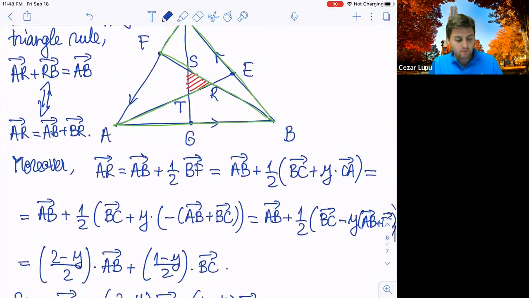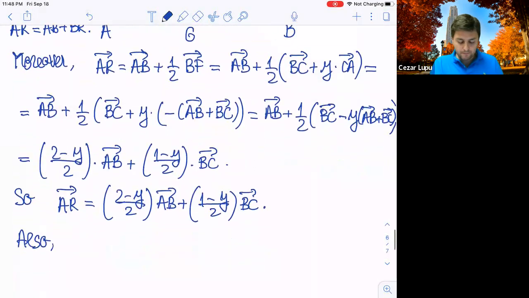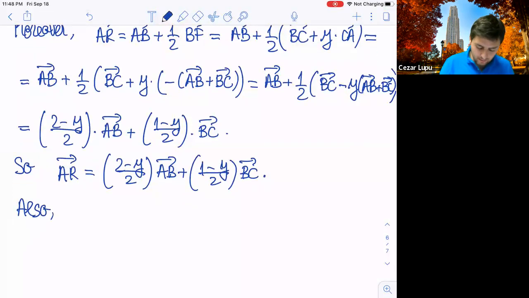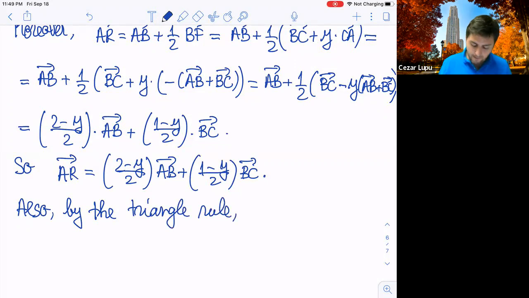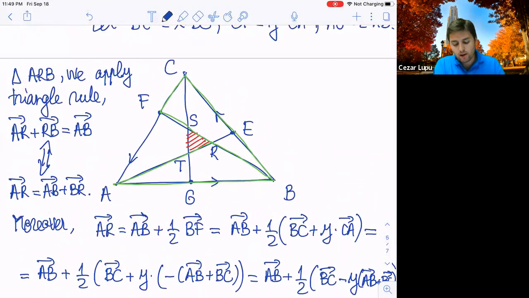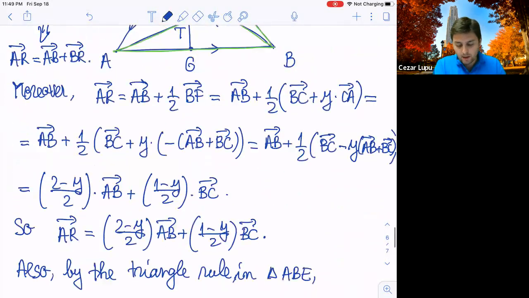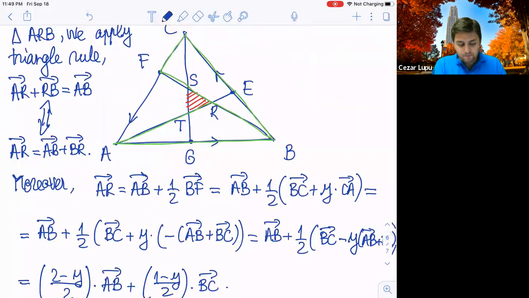So in other words, now maybe I can write the AE vector, and of course I can do it because AE will be also by the triangle rule. And in triangle ABE, if we apply the triangle rule, we have what? Let's see. ABE, let's look at it.